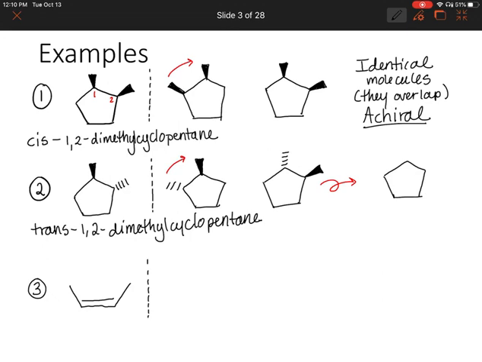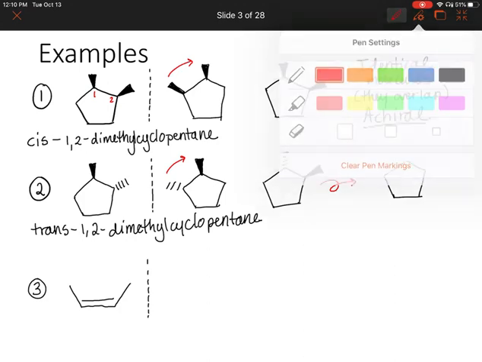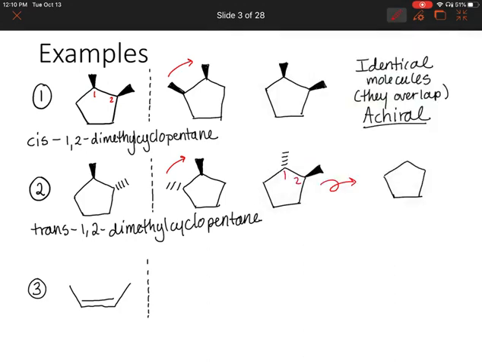So if we just flip it over, well, let's keep track of our carbons. So we'll label carbon 1 and carbon 2. So again, we're flipping this over like a piece of paper. So the dash at carbon 1 is behind the plane, but when we flip it over, that's going to point above the plane.